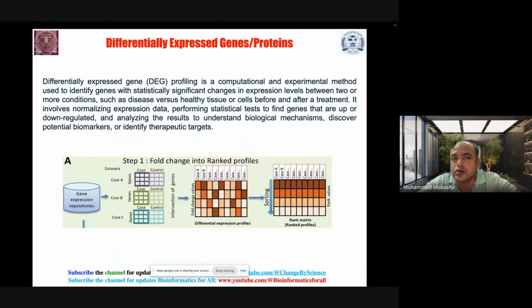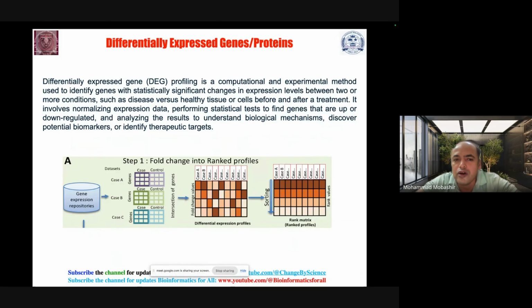It involves normalizing expression data, performing statistical tests to find genes that are up- or down-regulated, and analyzing the results to understand biological mechanisms, discover potential biomarkers, or identify therapeutic drug targets.